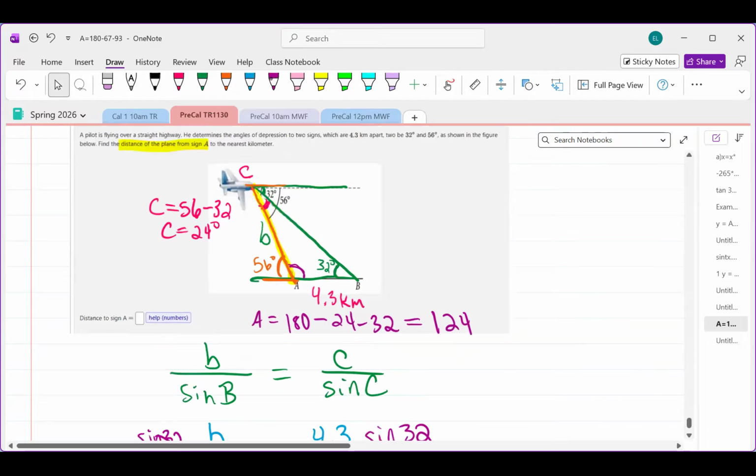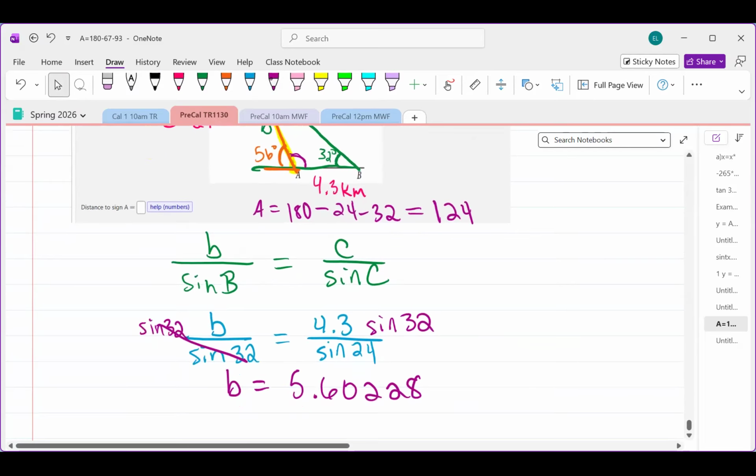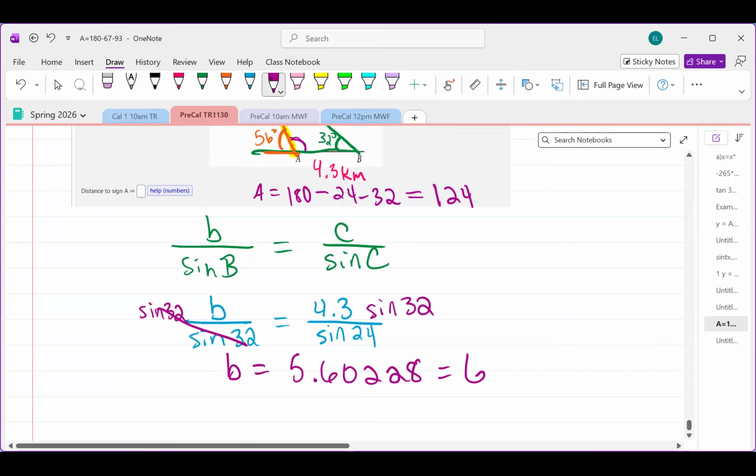5.60228. But they said round to the nearest kilometer. So we're going to type in 6. It took 6. It also took 5.6.